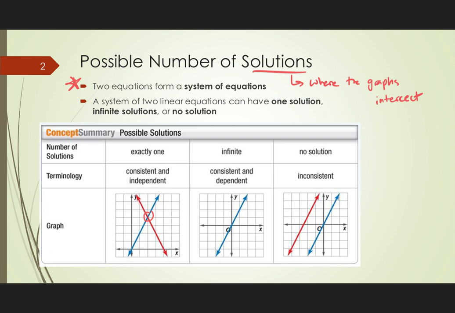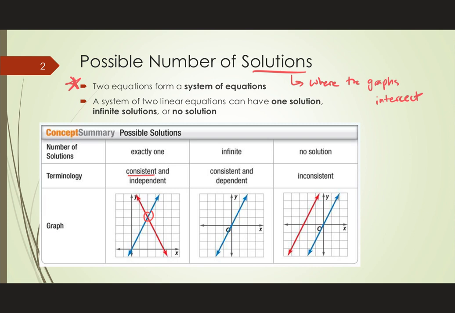Now, as we describe these, we're going to have a few other words to it. If there's exactly one solution, this is going to be a consistent and independent graph. Consistent means that it has at least one solution.